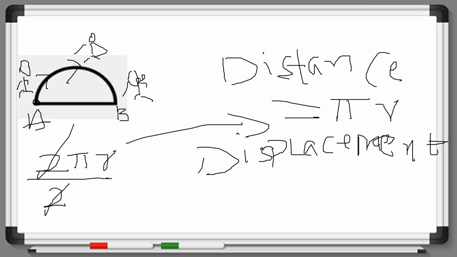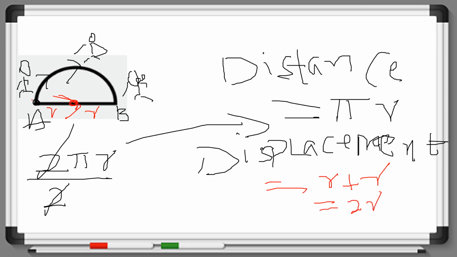But when we talk about the displacement, the shortest path, we start from this point A and reach point B. So this is the diameter. What is the diameter? From here to here, radius is r. Here to here, center to this point, radius is r. So diameter is nothing but twice the radius. So displacement is the diameter, that is nothing but r plus r. So the displacement of the body is 2r.